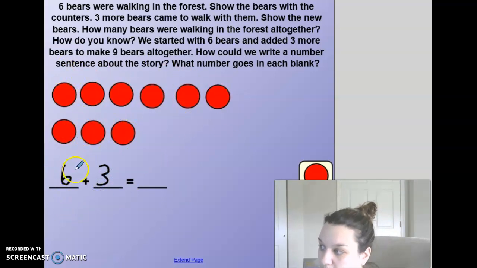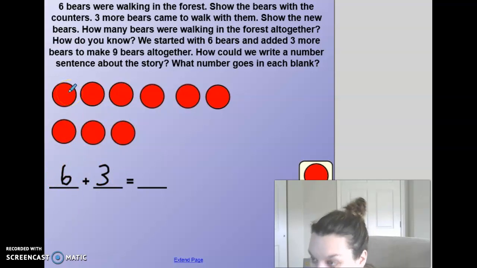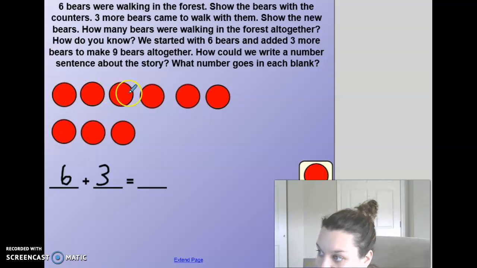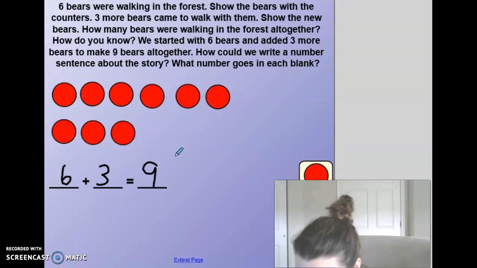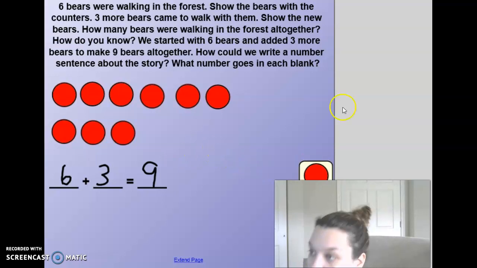So we started with 6, 3 more bears came, and that makes how many altogether? 1, 2, 3, 4, 5, 6, 7, 8, 9. So we have 9 bears all together. Great job. I know this is a bit tricky, making a picture and a matching number sentence, but you are doing wonderful.